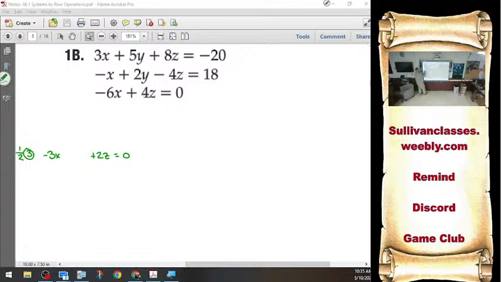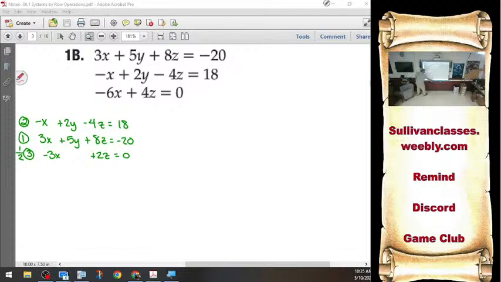So I'm going to swap. I'm going to say equation 2, equation 1. I'm going to say negative x plus 2y minus 4z is 18. 3x plus 5y plus 8z is negative 20. So just my very first step is to clean it up and arrange it in such a way that it's going to be easier for me.